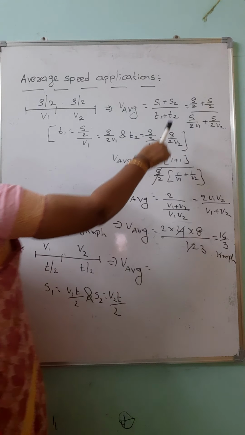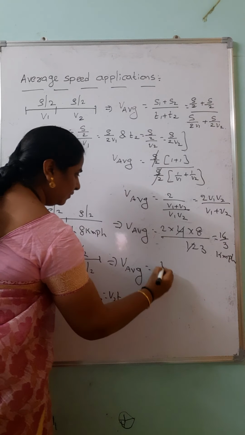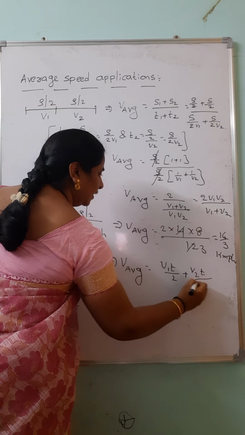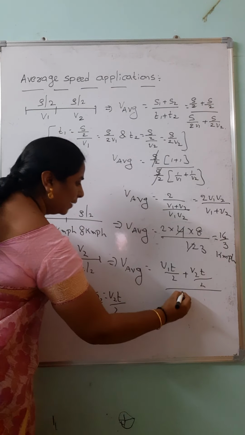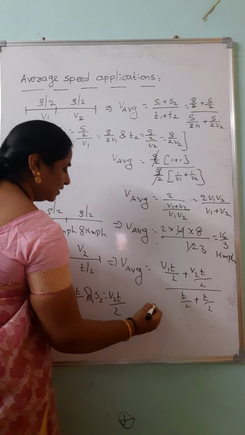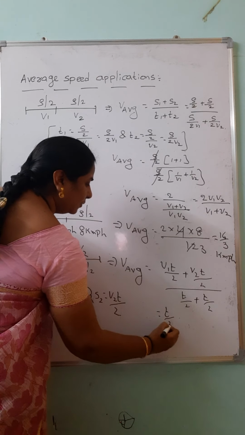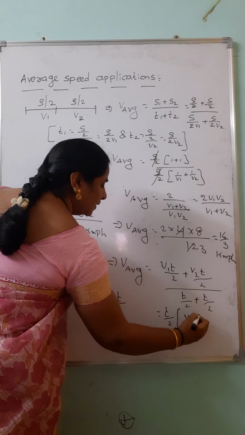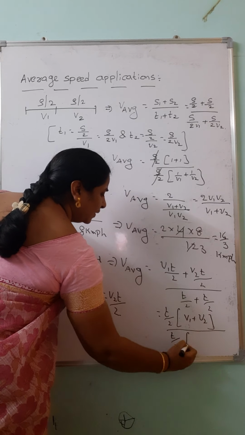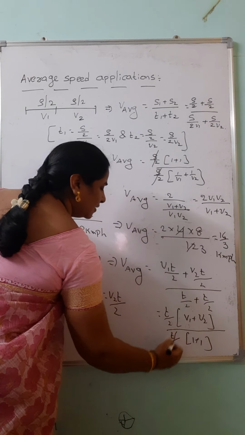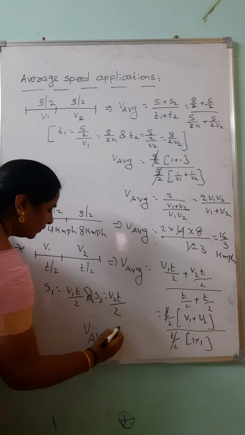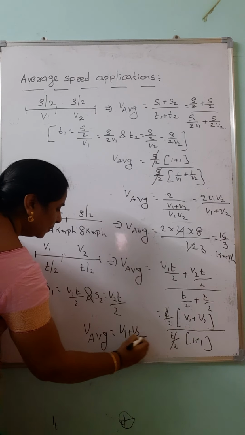So the numerator is V1 T by 2 plus V2 T by 2. Total time is T1 plus T2, T by 2 plus T by 2. After simplification, T by 2 is common: (V1 plus V2) in the numerator, and in the denominator T by 2 into (1 plus 1). This cancels. Finally, average speed equals (V1 plus V2) by 2.